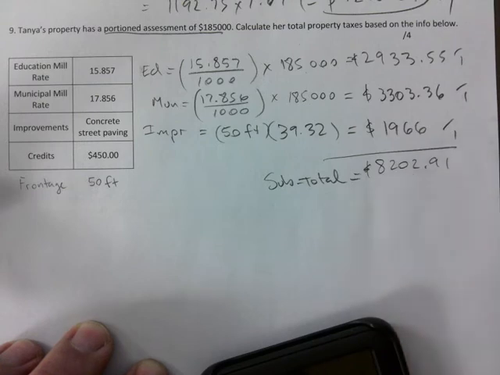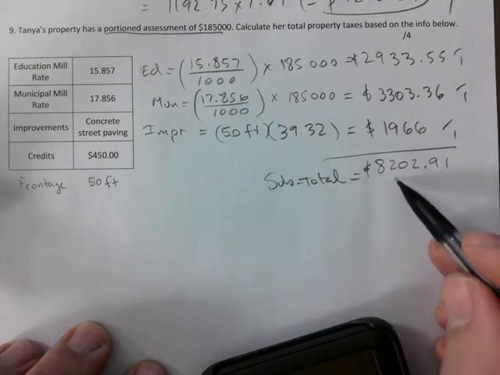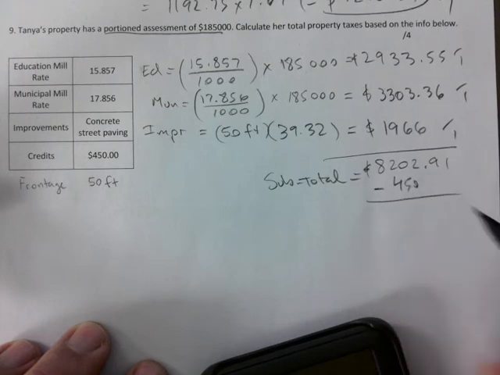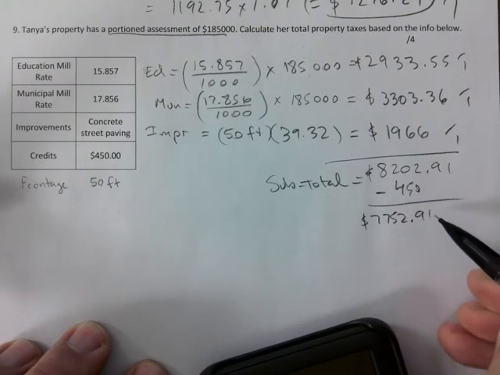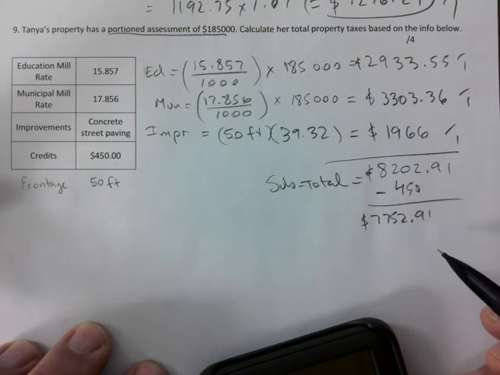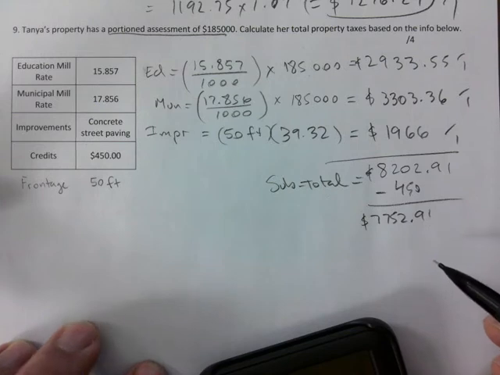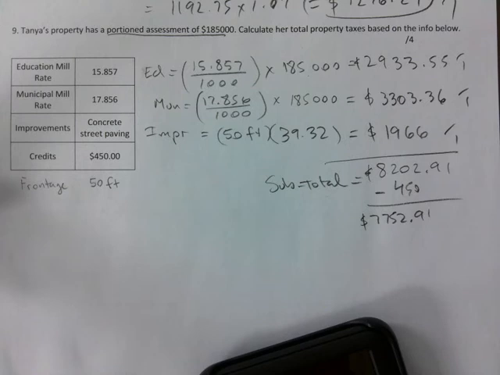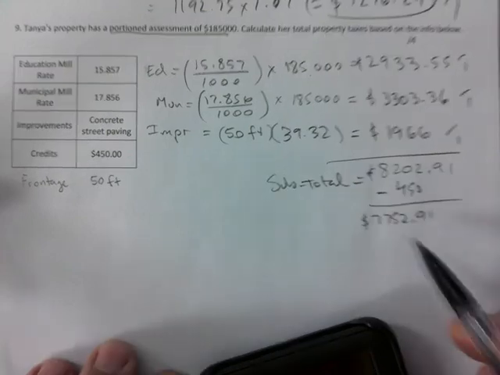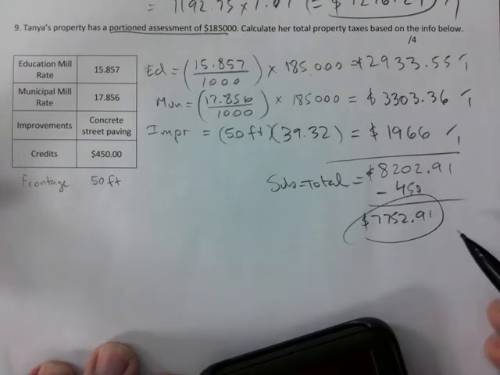You probably just have the final answer. So let me give you the credits. So $450 off. 7,752.91. Seems a little high, but it's good, I think. Let me check. Yeah, we're good. This is the final answer.